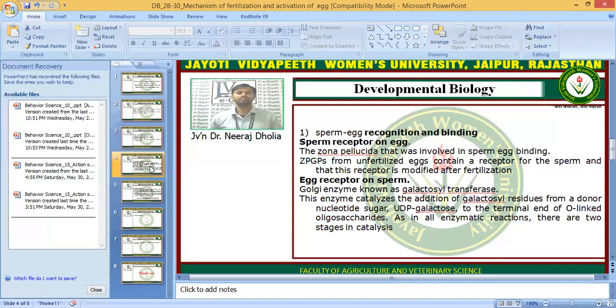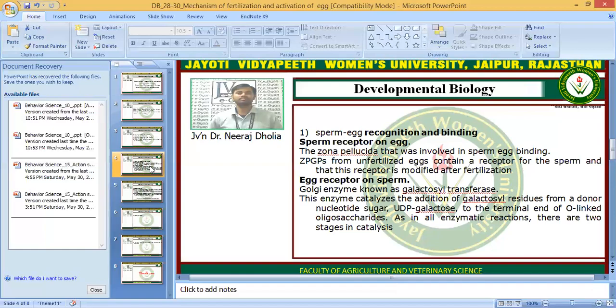We will move to the second step, that is sperm and egg recognition and binding. This binding is a biological process, and the sperm have a few receptors for the egg, and the egg also has some receptors for the sperm on their surfaces.